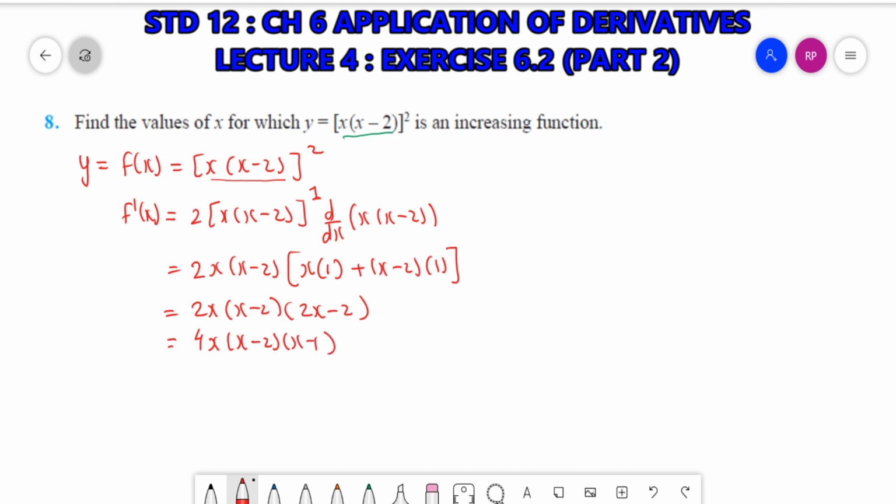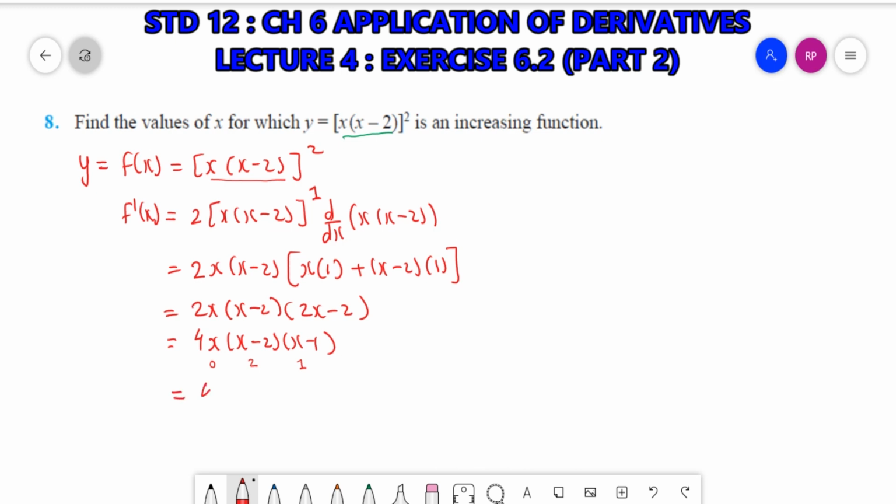Here, now let's rearrange this, for we need to find out when it is greater than 0. So x will be 0 at x equal to 0, x minus 2 equal to 0 when x equal to 2, x minus 1 equal to 0 when x is equal to 1.